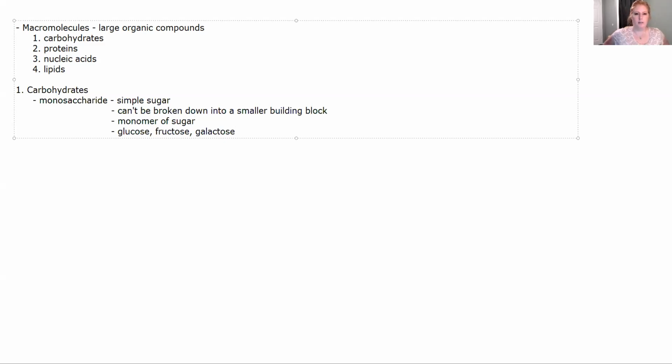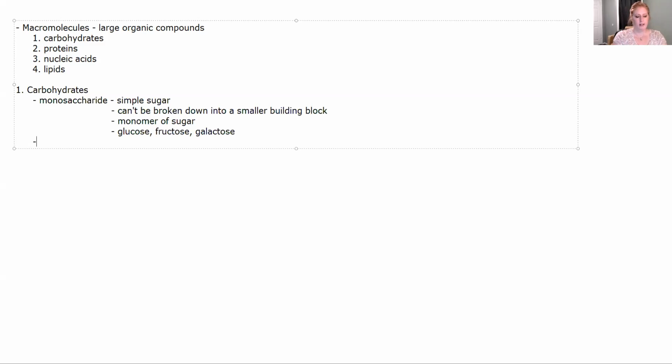Glucose is the main form of energy that our body uses, so most of the energy that gets converted in our body is converted from glucose. Fructose is a sweeter version of that. Probably heard of high fructose corn syrup. The structure of fructose makes it taste sweeter than glucose. And then we have galactose, which I'll get back to in a second. Okay.